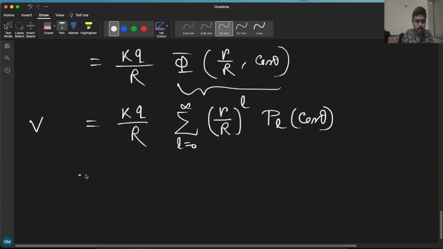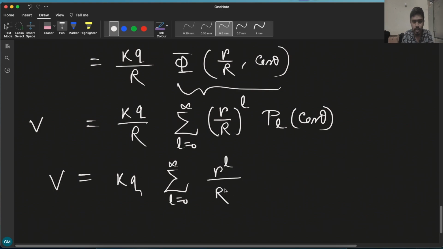And I can take this capital R inside also, and then V will be, oh sorry, it's kq sum over l equals 0 to infinity, small r to the power l divided by capital R to the power l plus 1, P_l(cos theta).